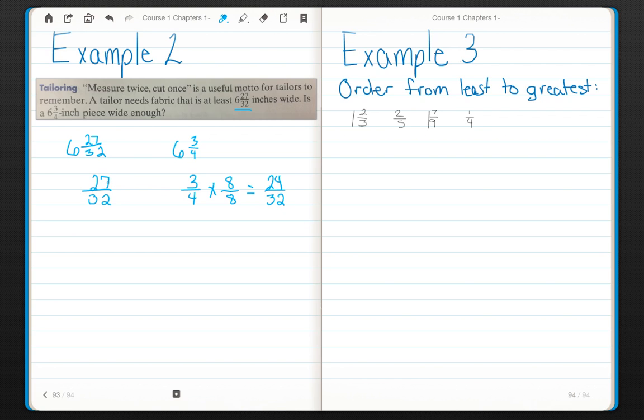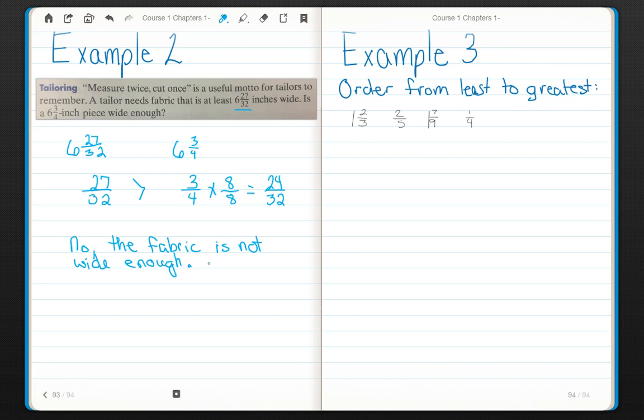Well, unfortunately, 27/32 is greater than 24/32, so no, the fabric is not wide enough. Now, you would think it's only 3/32. That's not that much, but it's not wide enough.